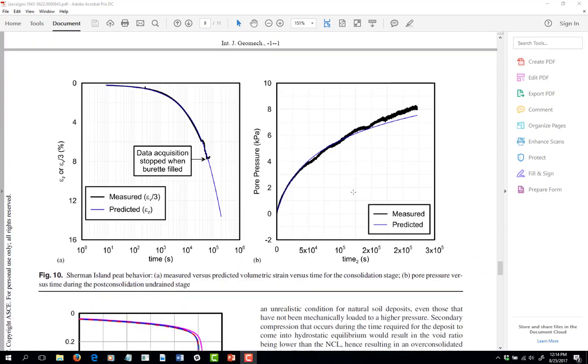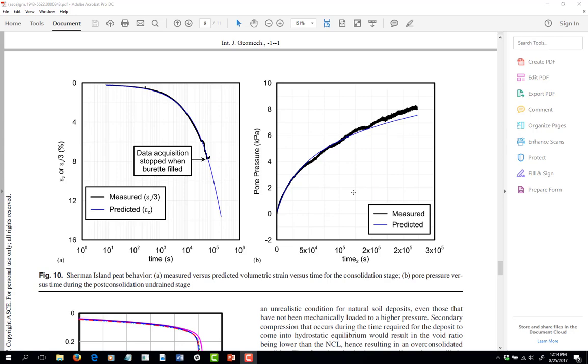Okay, another interesting outcome of this problem is that if the secondary compression is happening faster than water can get through the soil, you end up producing excess pore pressure. Now this may seem counterintuitive, but we actually experimentally verified it.